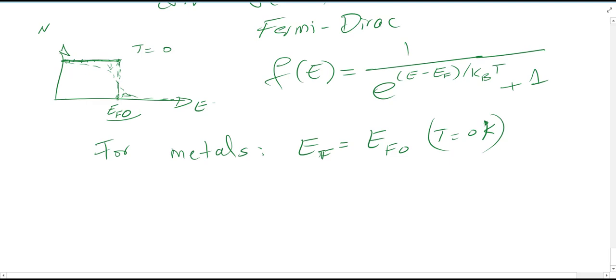Okay, so it's fine. You can treat that problem this way, but not for semiconductors. Not true for semiconductors. For semiconductors, the Fermi level depends really on the temperature.